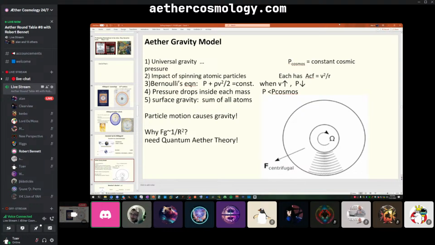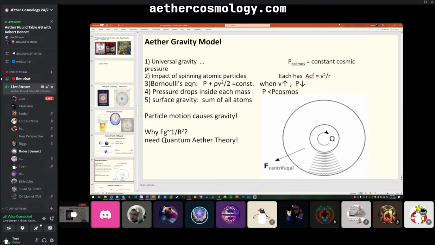So imagine one atom on Earth out of the enormous number of atoms. It consists of rotating ether, which pushes away the ether from the center, creating a drop in pressure. Now, that's of course minuscule, only infinitesimal in size.